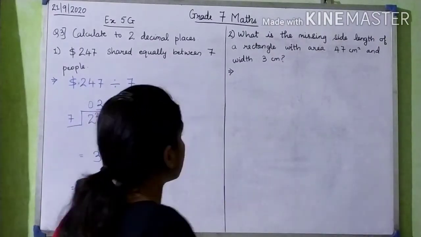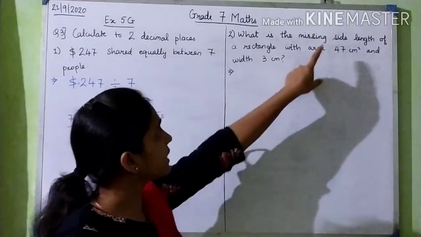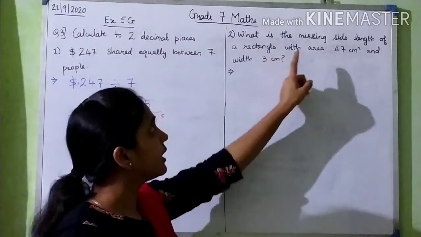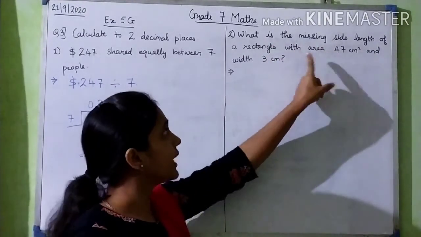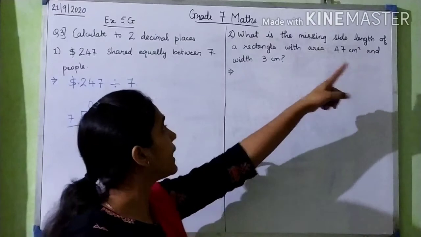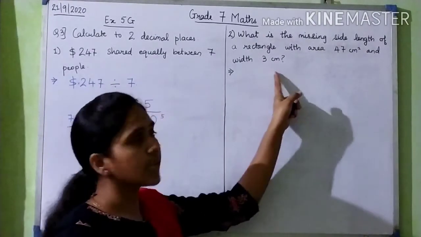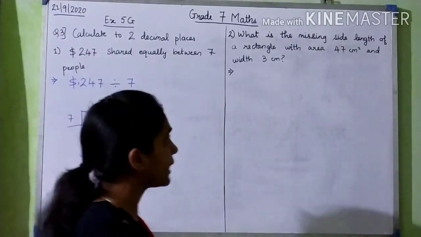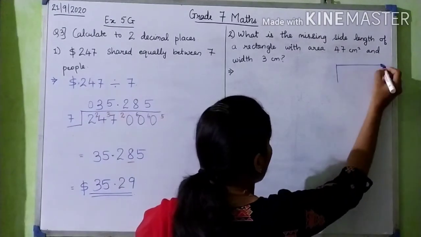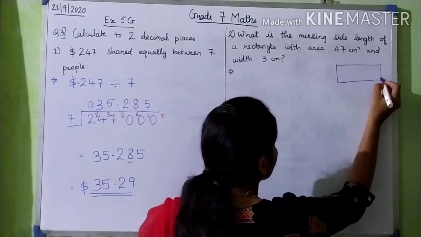Now the second one is, what is the missing side length of a rectangle with area 47 centimeter square and width 3 centimeter? That means we have a rectangle which is given to us and its area is given to us.